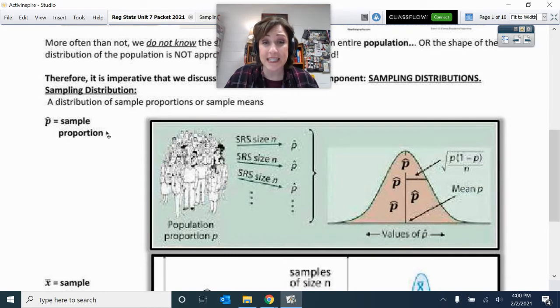A sampling distribution is the collection of a bunch of samples and how they get shaped out. We're going to deal with two different kinds, starting with a proportion sample. If we had a whole bunch of M&Ms, we would look at what proportion of blue M&Ms you got, what proportion your friend got, and what proportion your teacher got.